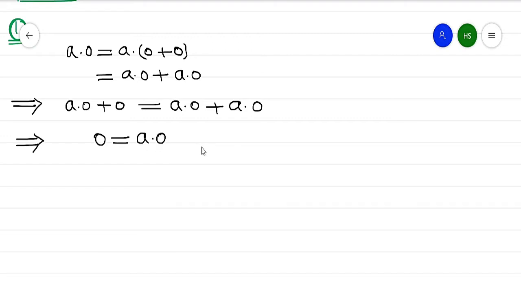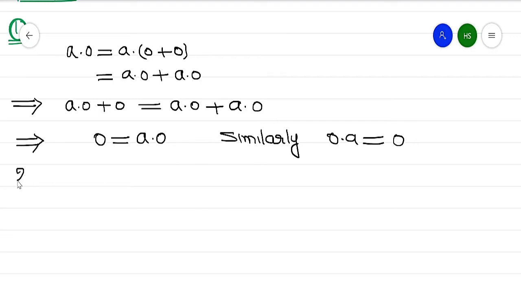In this way, we can prove that a into 0 is equal to 0. Similarly, we can prove that 0 into a is equal to 0. In this case the 0 is shifted to the left hand side. Again apply the distributive law, then we get this result. So this is our first result.